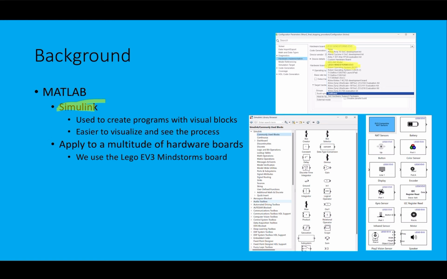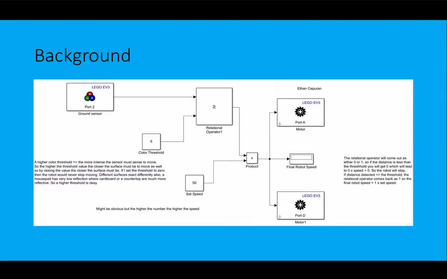But there's lots of things here, and the commonly used blocks like constants, gains, which is a multiplier, a product, which is multiplication, or in the specific Lego Mindstorms EV3 category, we have the color sensor, motors, the speaker, all of which we'll be using later on.